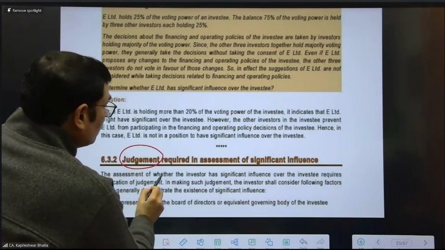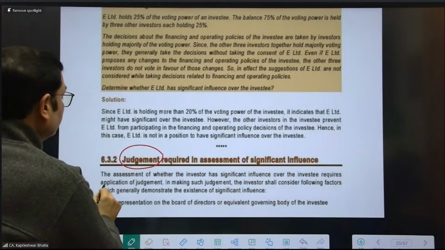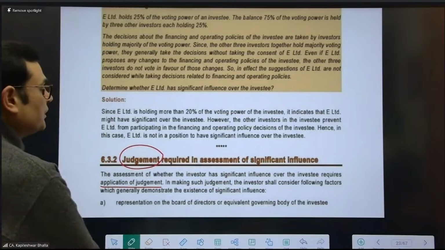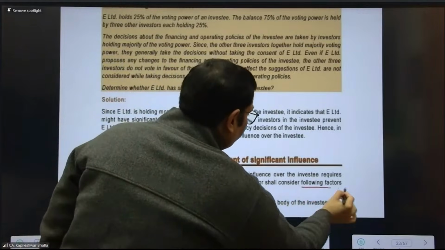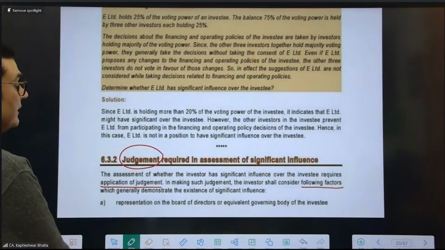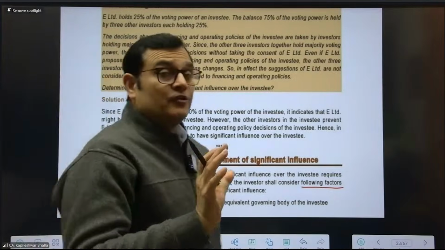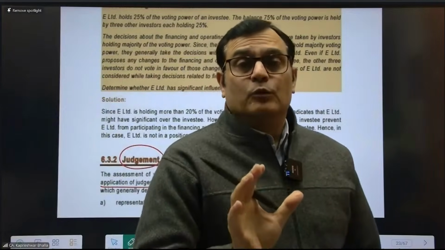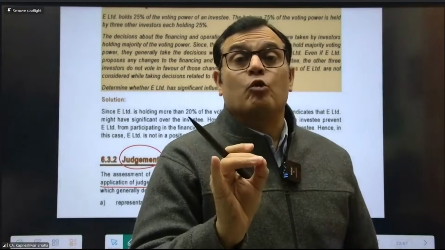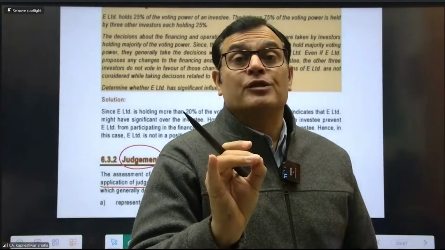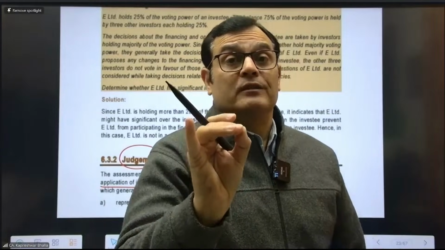The assessment of whether the investor has a significant influence over the investee requires an application of judgment. In making the judgment, we need to consider the following factors which generally demonstrate the existence of a significant influence. So the standard is telling me that when you look at the assessment of a significant influence, there are certain qualitative factors and not a quantitative assessment which will tell you that there is a significant influence.